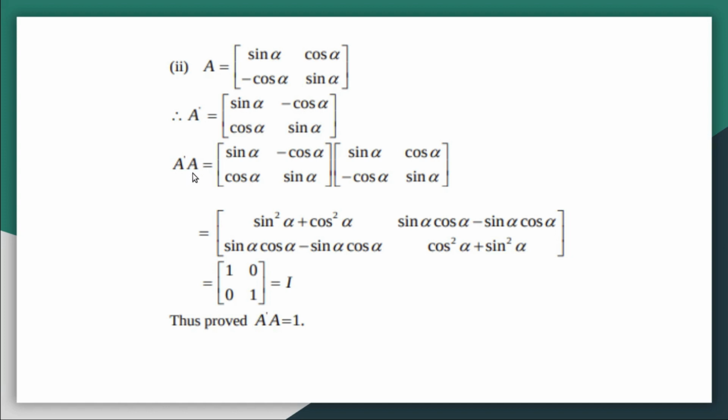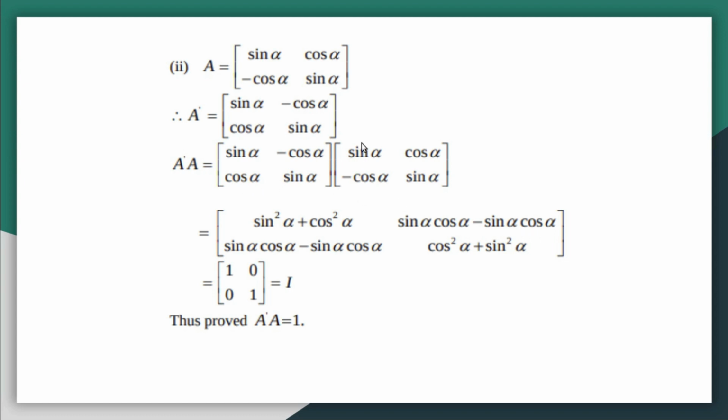Now A transpose into A. First multiply the first row by the first column: sin alpha into sin alpha is sin square alpha, plus minus cos alpha into minus cos alpha is cos square alpha. Now first row into second column: sin alpha cos alpha minus sin alpha cos alpha.